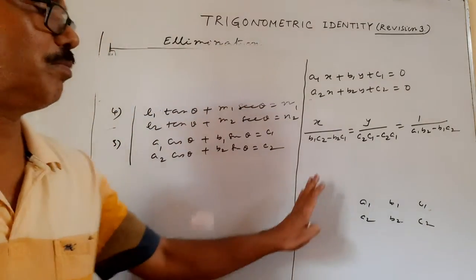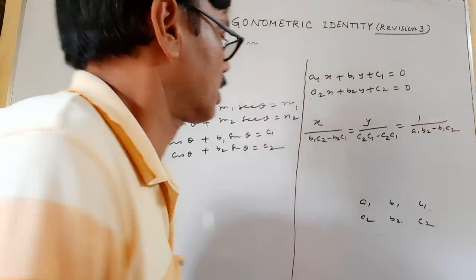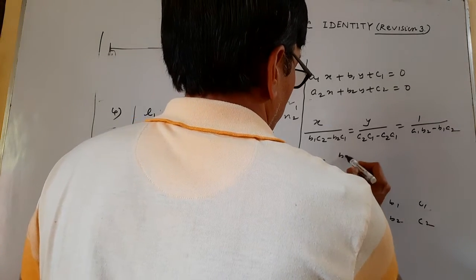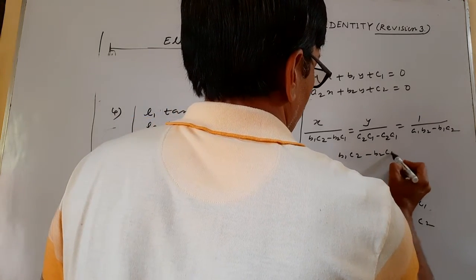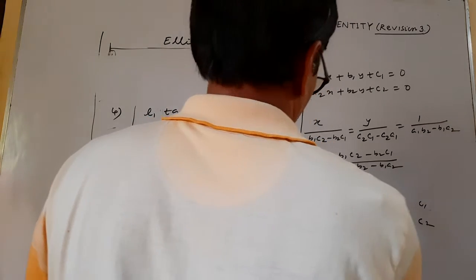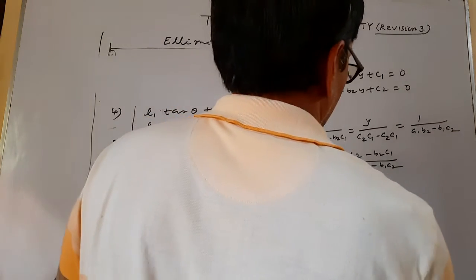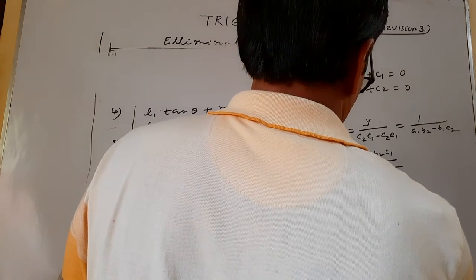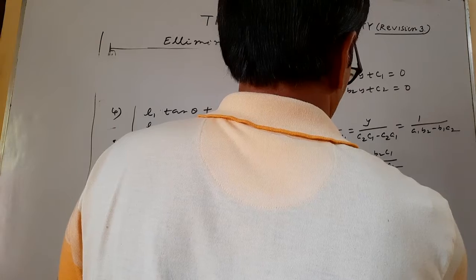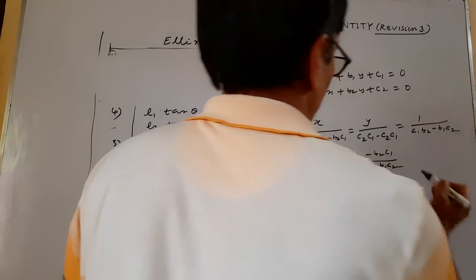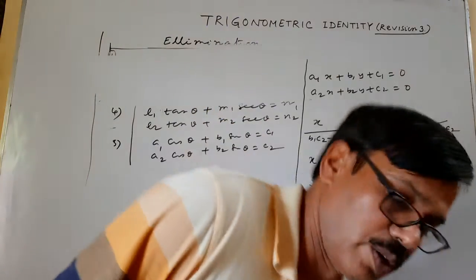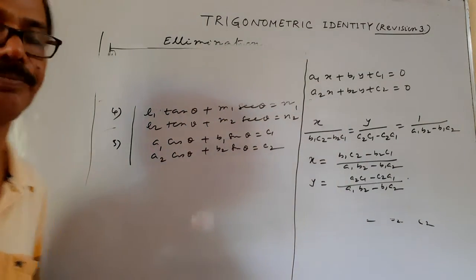So this is the method of cross multiplication. So x equals (b1 c2 minus b2 c1) by (a1 b2 minus b1 a2). Similarly y equals (a2 c1 minus c2 a1) by (a1 b2 minus b1 a2). So we use the method of cross multiplication.